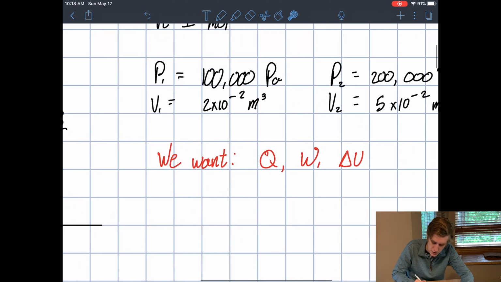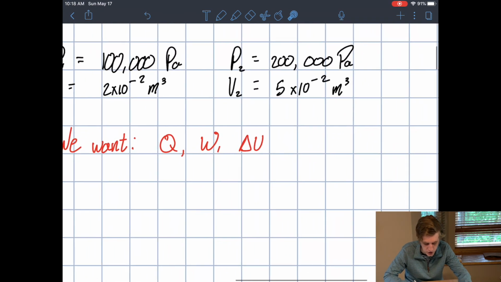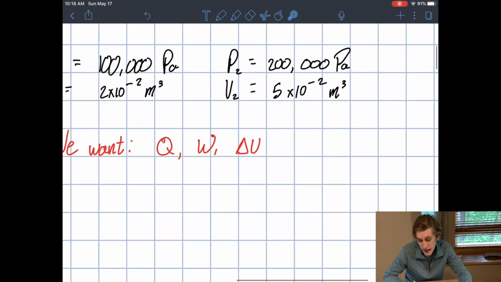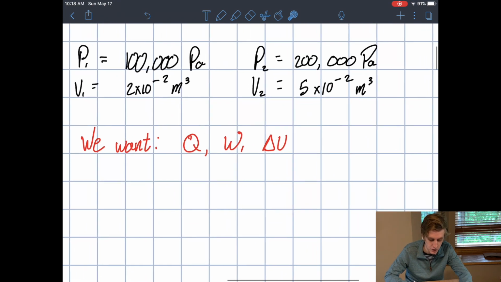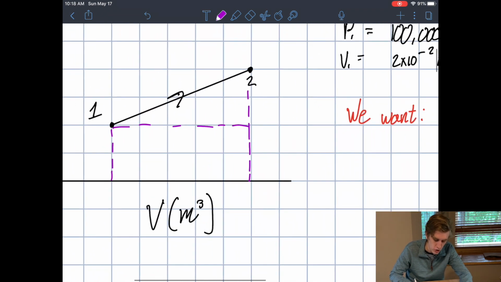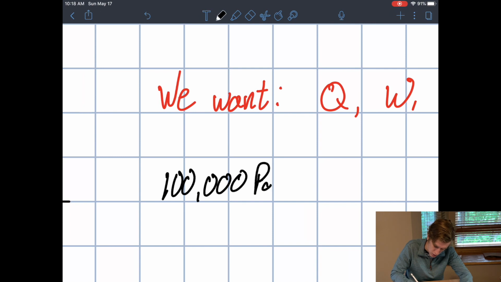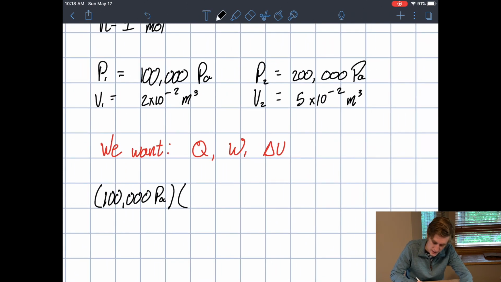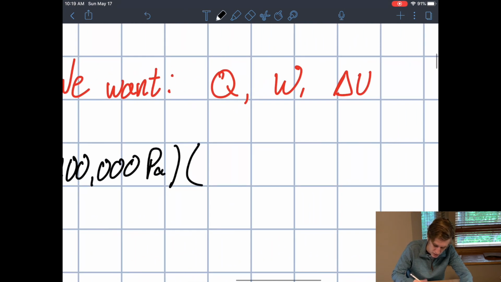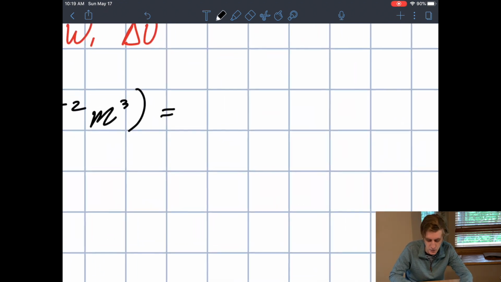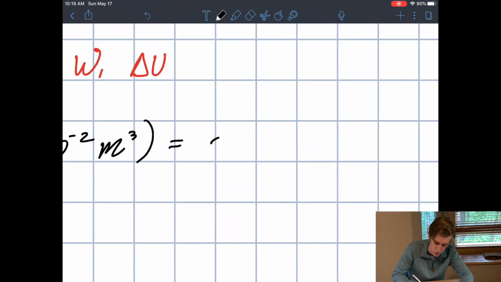Our first volume is 2 times 10 to the negative 2 meters cubed, and our second volume is 5 times 10 to the negative 2 meters cubed. So our area for this rectangle is just equal to 100,000 pascals multiplied by that difference in volume, which is 3 times 10 to the negative 2 meters cubed. If we plug this into our calculator, we should get a value of 3,000 joules.